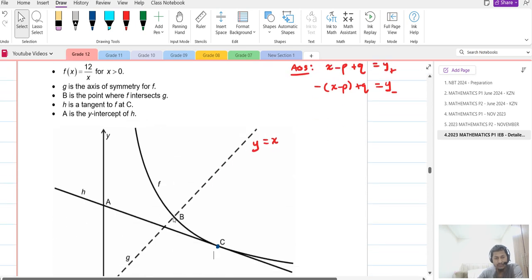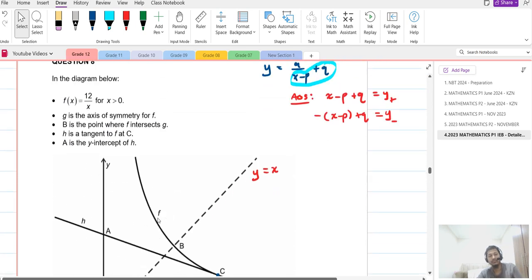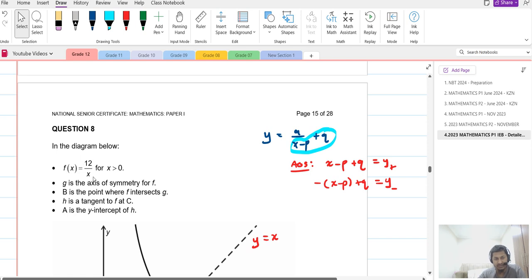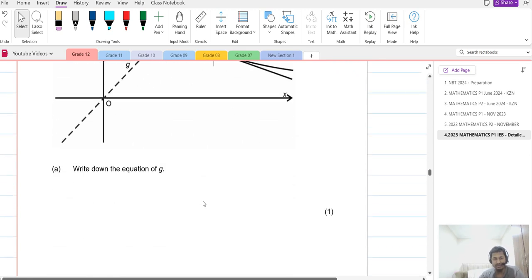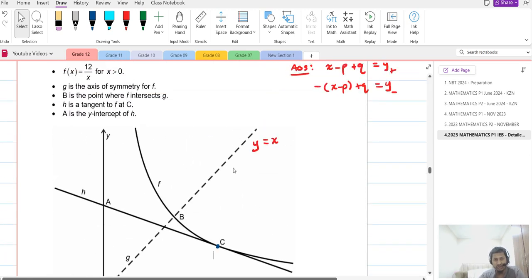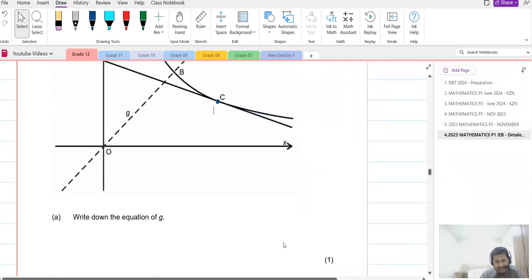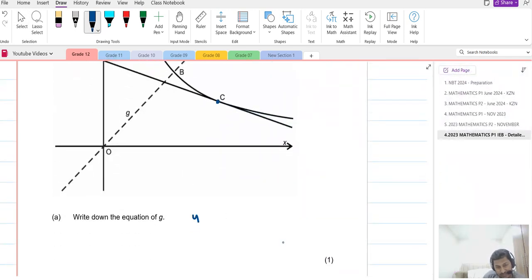Okay. Now, nothing else is given, just that and the equation. We can find the coordinates of B, because that's the point of intersection. Write down the equation of g. The equation of g is y equals x. Right, pretty simple. Moving on to the next question.